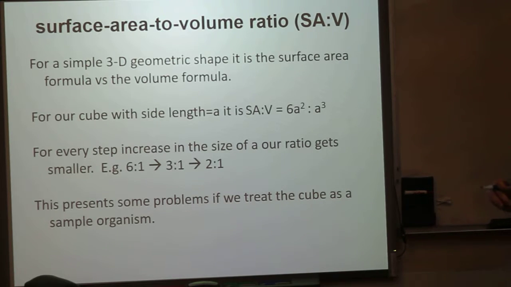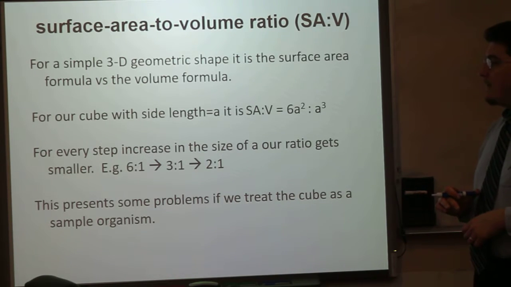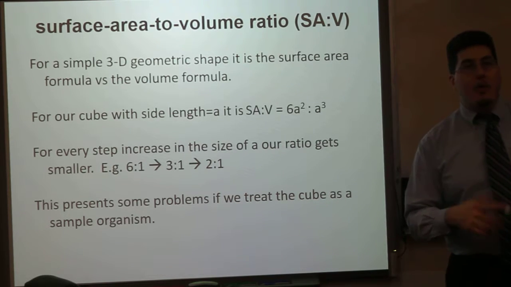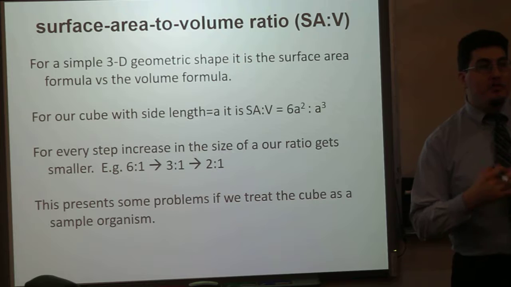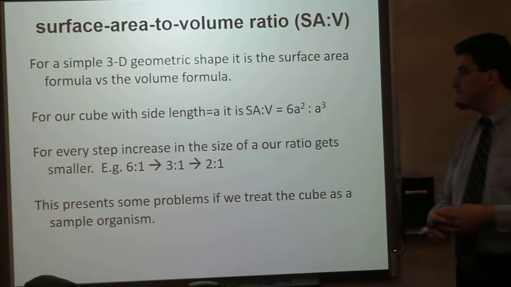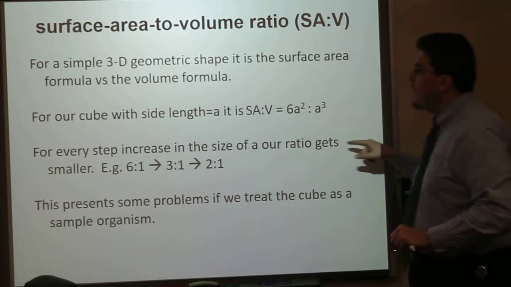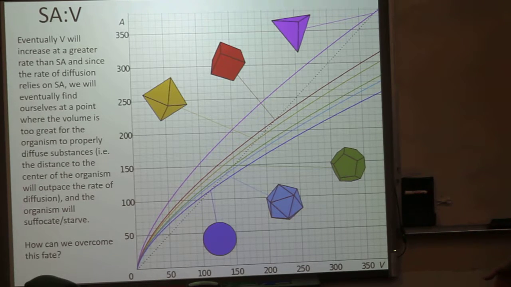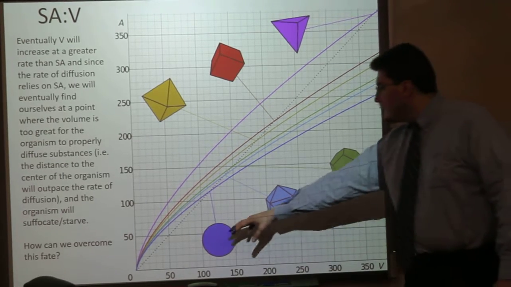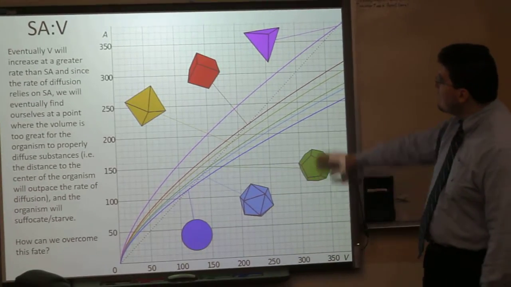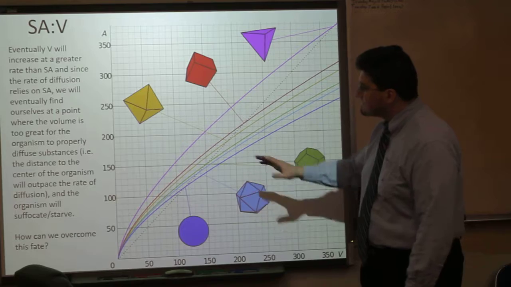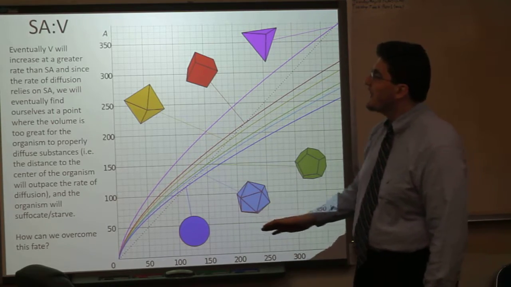Our surface area to volume ratio is a problem if we treat a sample organism as a simple geometric shape. So these are some simple geometric shapes. Here we have a sphere. Here we have a D20, here we have a D12, here we have a D8, D6, and D4. This is the internet, I have to show my nerd cred.